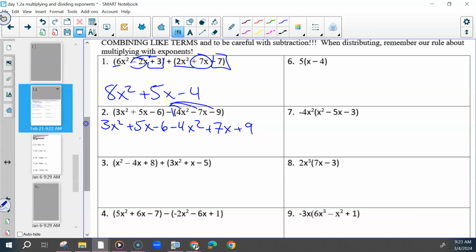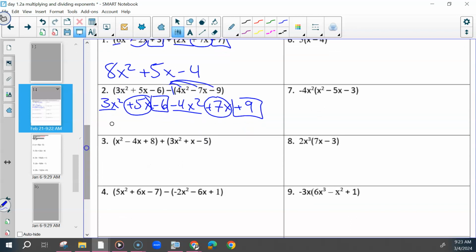So if we distributed the negative, rewrote everything, and then combined like terms: 3x squared minus 4x squared would give us negative 1x squared, 5x plus 7x is 12x, and then negative 6 plus 9.